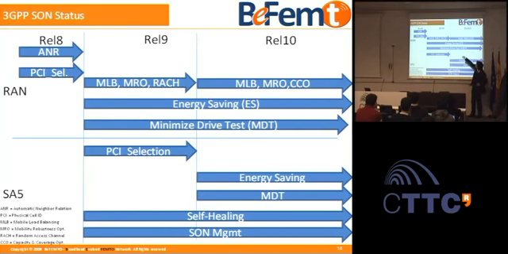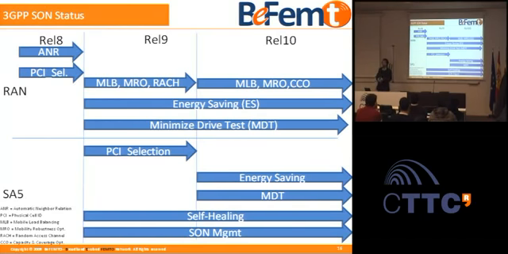Going through the points, whenever I can, I've put the abbreviations down here because I know you're not very familiar with them. ANR stands for Automatic Neighborhood Relation, and we'll talk about this. PCI is the physical cell ID selection. MLB is the mobility load balancing.